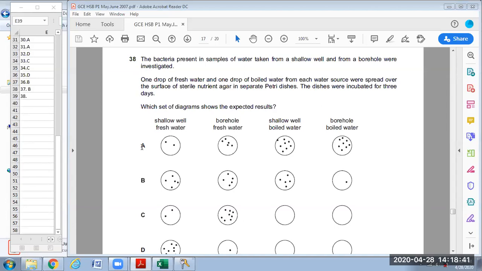Okay, so let's study this again. You have bacteria present in samples of water, 1 taken from a well, 1 from a borehole. I have to ask you, what is a borehole? Is that a kind of river or something? Let me see.